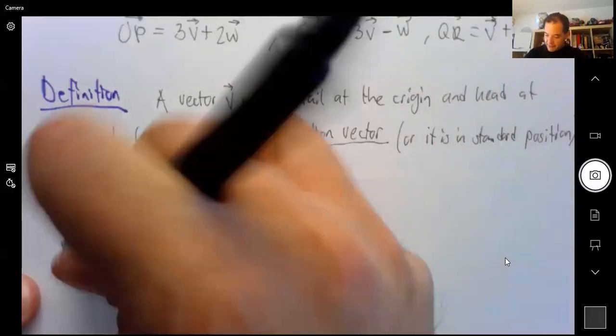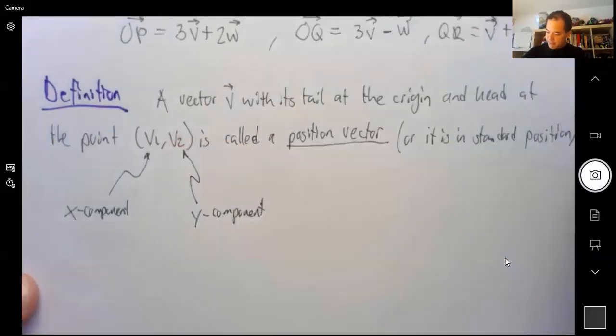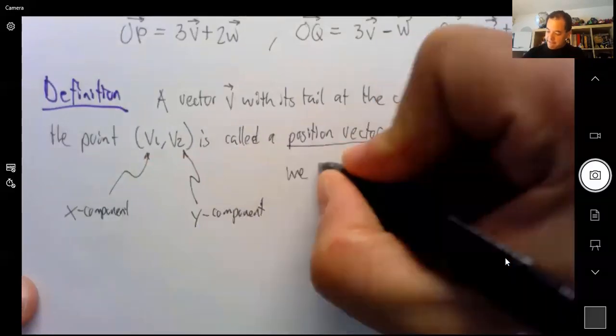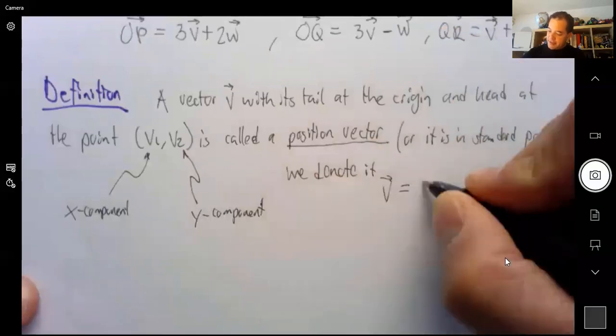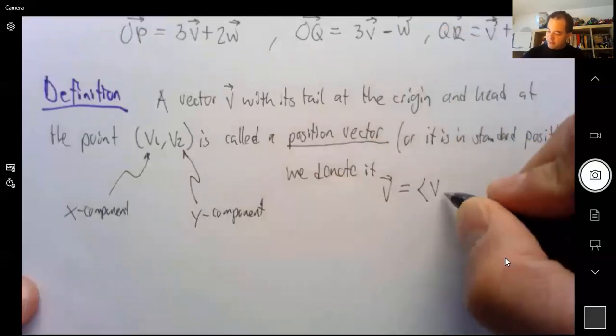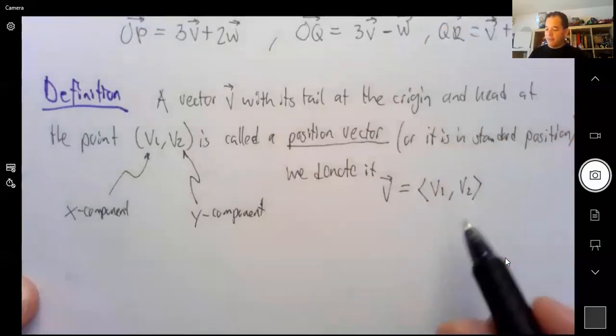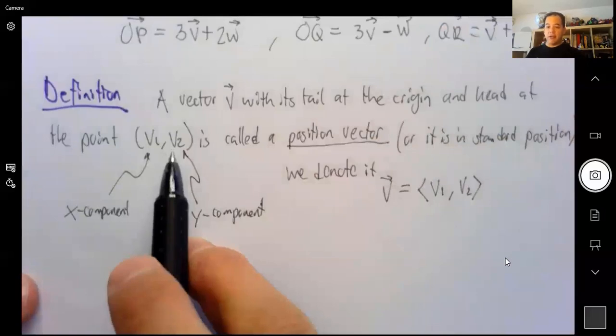Before that, we use this notation as well. Here's how we can write a vector in standard form or as a position vector, V1, V2. Now notice that it almost seems like the coordinates of the head, I mean.